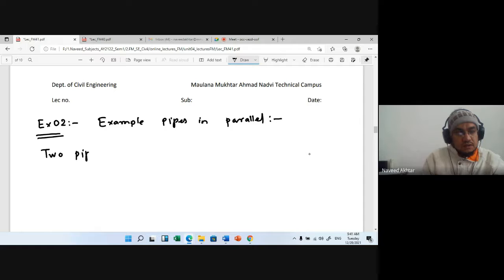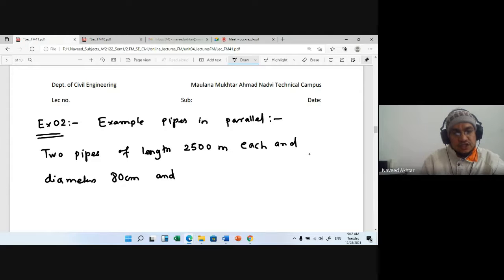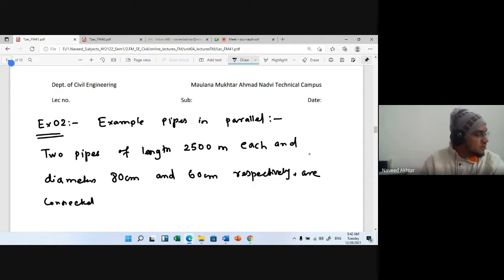Two pipes of length 2,500 meter each and diameters 80 centimeter and 60 centimeter respectively are connected in parallel.